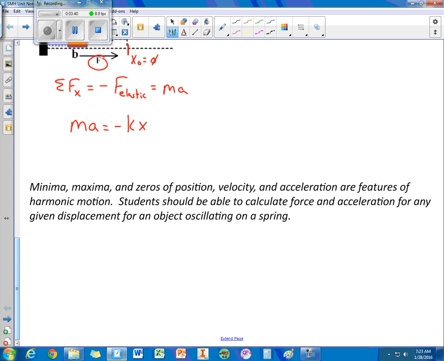All right, now, remembering back a little bit, we can apply just a little bit of calculus to this. Acceleration is the second derivative of the position vector.